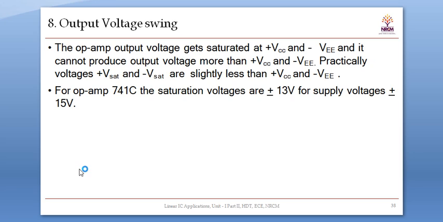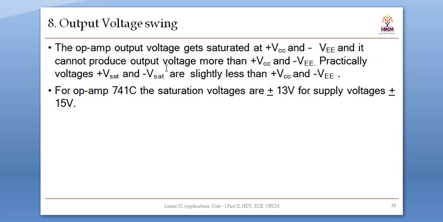As we are applying plus or minus 15 volt at the VCC and VEE, 0.9 times VCC or VEE will be the maximum voltage at the output. So here for 15 volt you will get plus or minus 13 volt at the output.